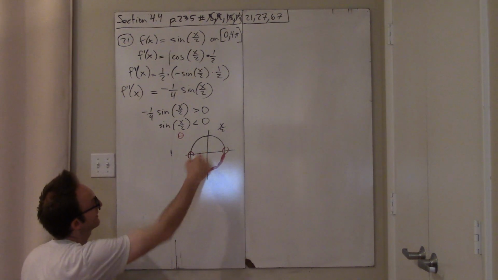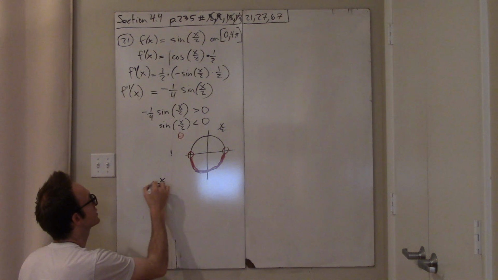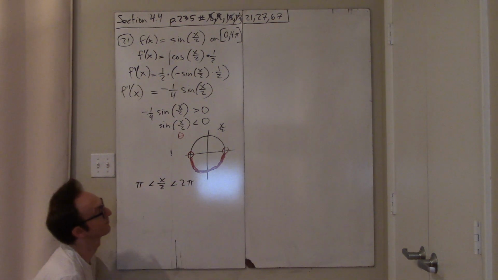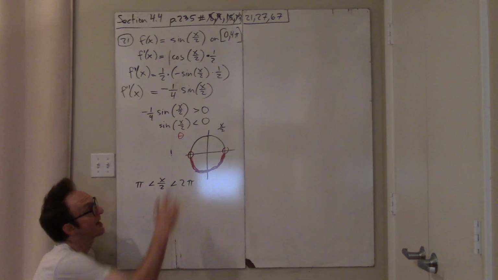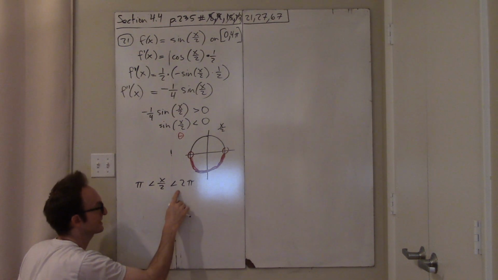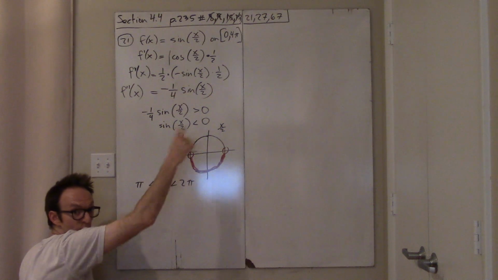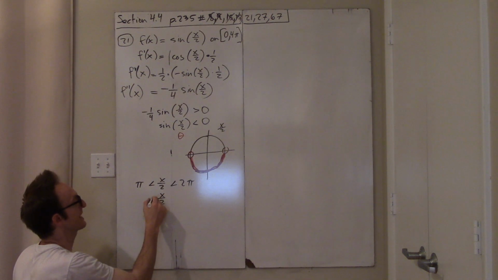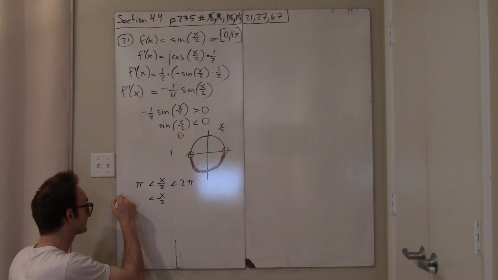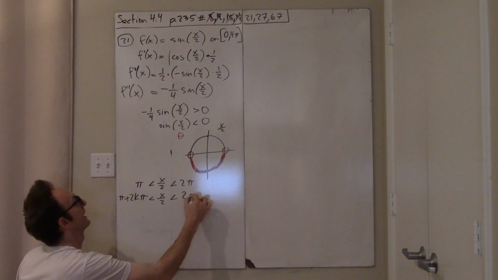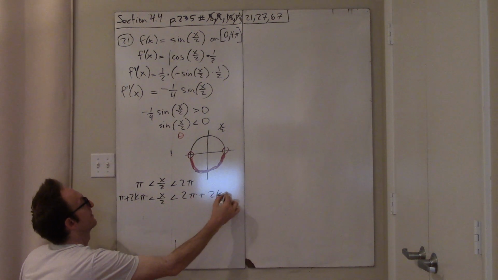So if x over 2 is between pi and 2 pi, then the sine of it will be negative. That's true, but there's more to it than that. You could also go around the whole circle again. And so a more general thing to say is that if x over 2 is between pi plus 2k pi and 2 pi plus 2k pi.